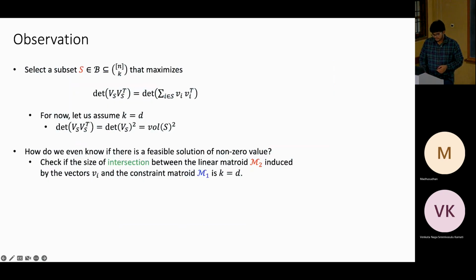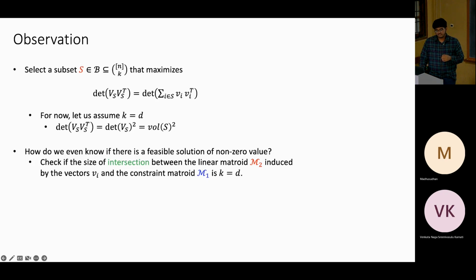So one observation is, let's say I forget about maximizing the determinant. Just give me a solution that has non-zero value. Let's even imagine k is d. All vectors are d-dimensional, there are n of them. You need to pick d of them, and the set you pick has to be a basis of a matroid, and just tell me if there is a non-zero solution.